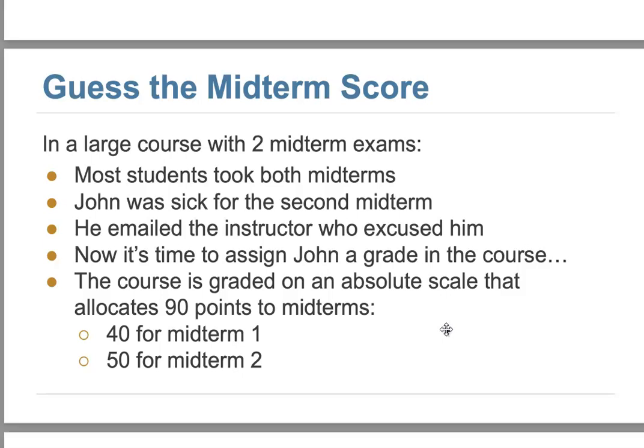John missed the second midterm exam. How about we just use the first midterm exam grade for the second, since the total points are different? We cannot do that. So if you are the professor, how will you handle it?